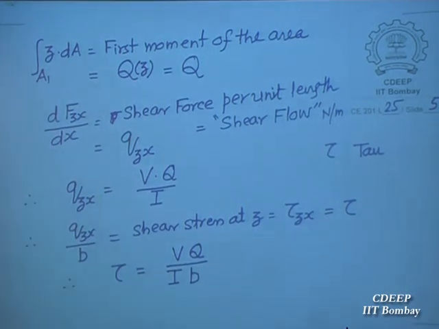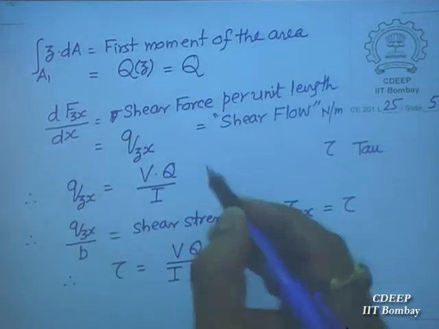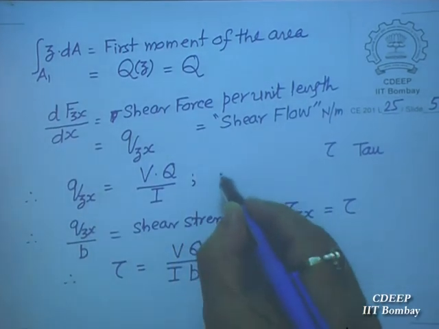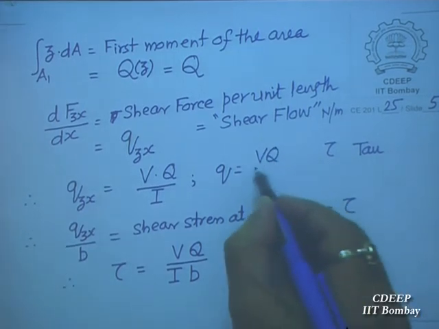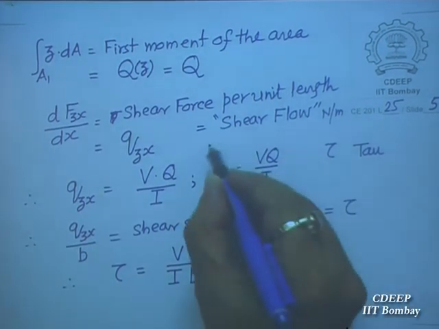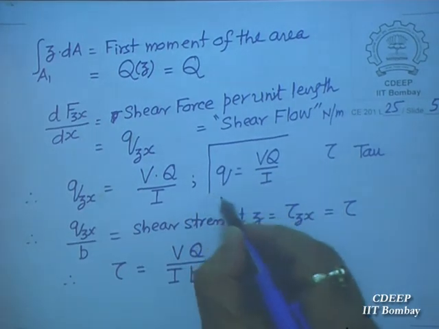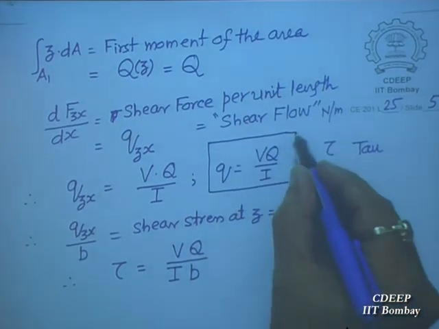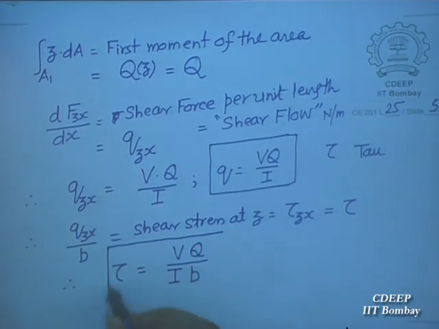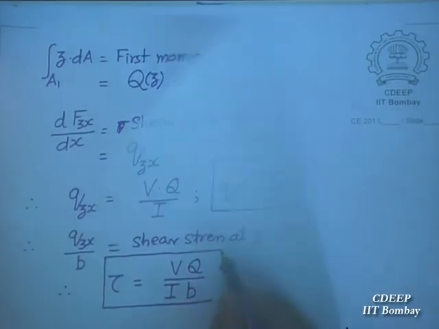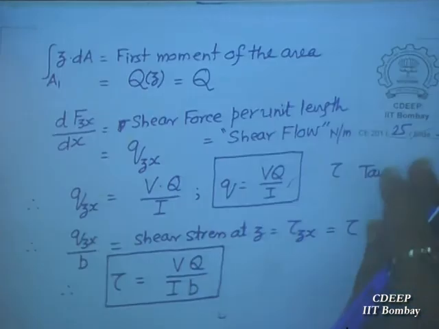So we have got a very good form. These two formulas are very, very important. Shear flow q equals Vq by I is an important formula. And the shear stress is Vq by IB.